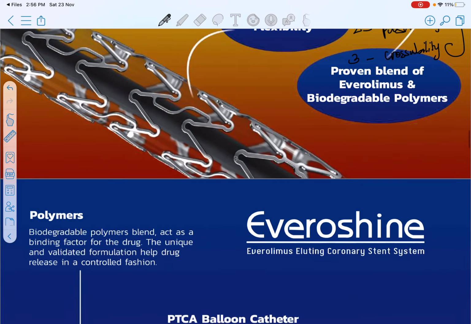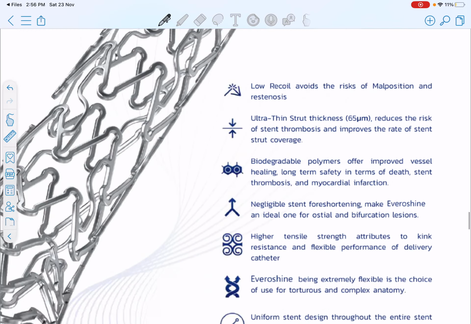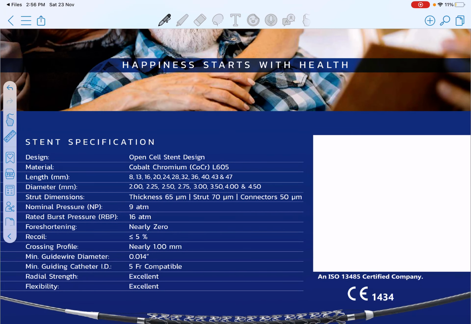Lastly, we have two terms, which come after the placement of the stent in the artery. We have foreshortening and recoil. Foreshortening is the reduction in length.